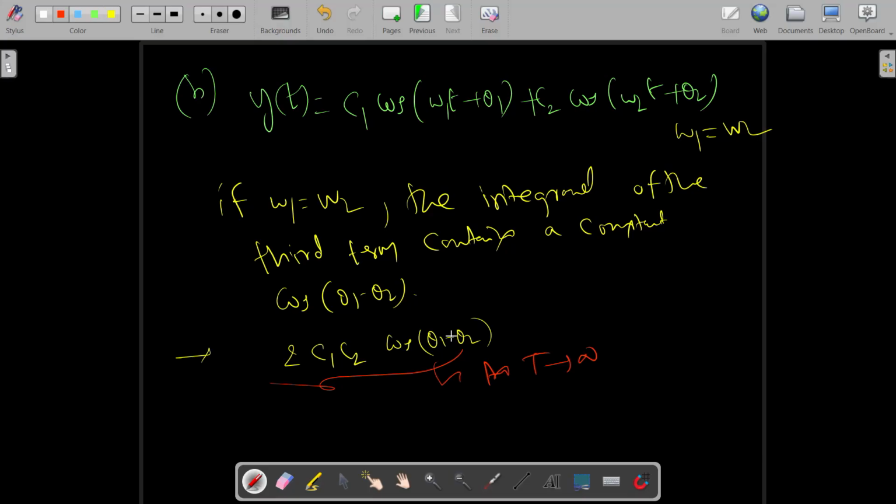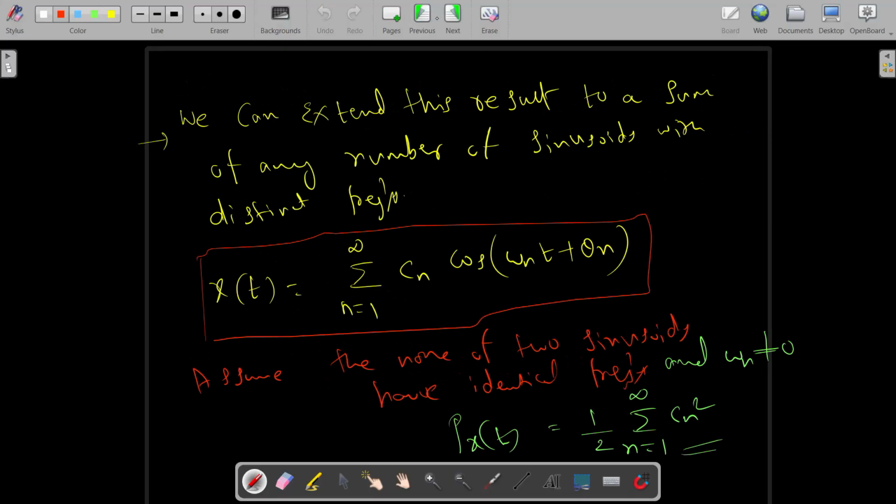So the note point here is the observation point. Go to the next page.